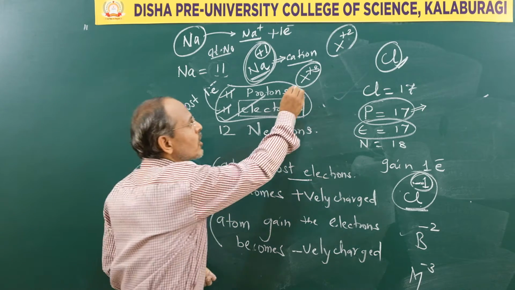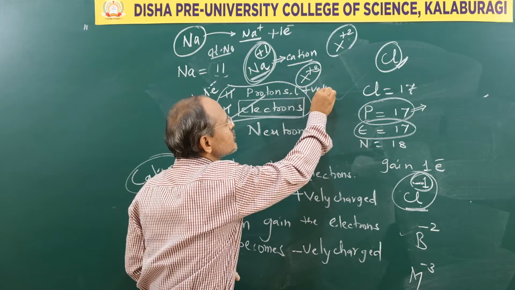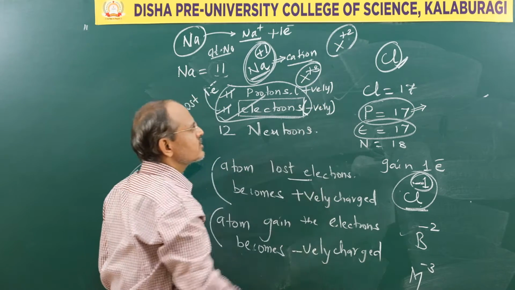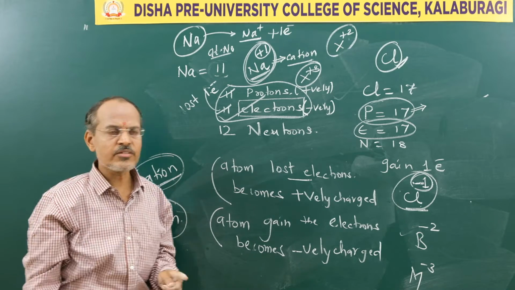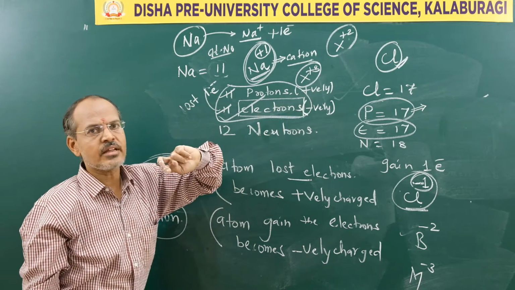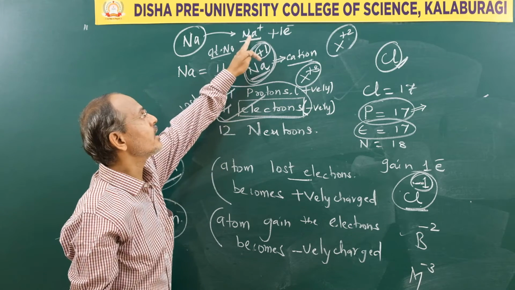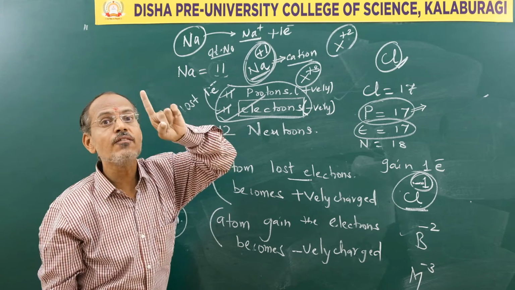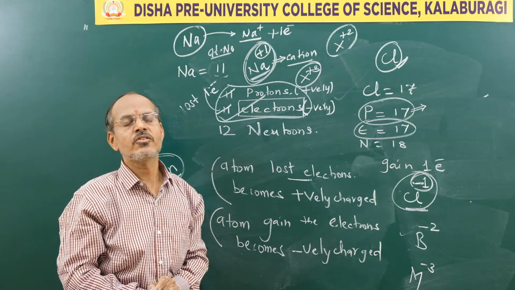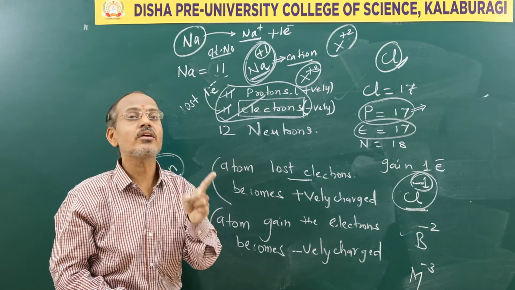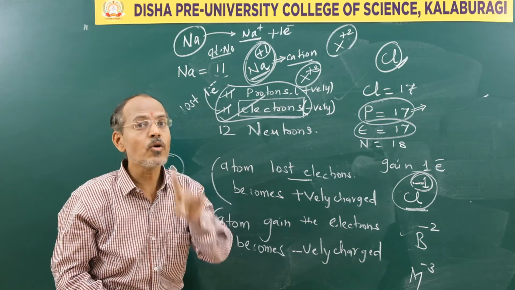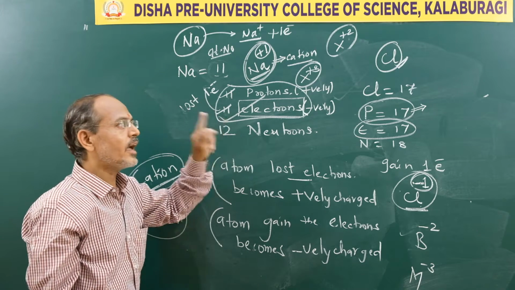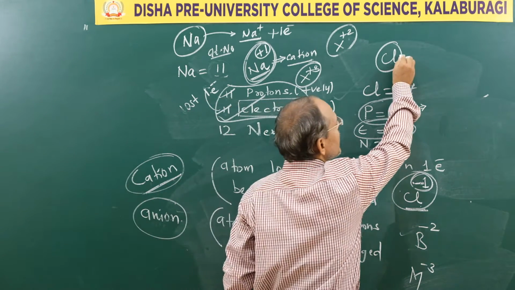We know that protons are positively charged and electrons are negatively charged. So here I write a plus sign. This plus sign means short of one electron, or one proton more as compared to the number of electrons.